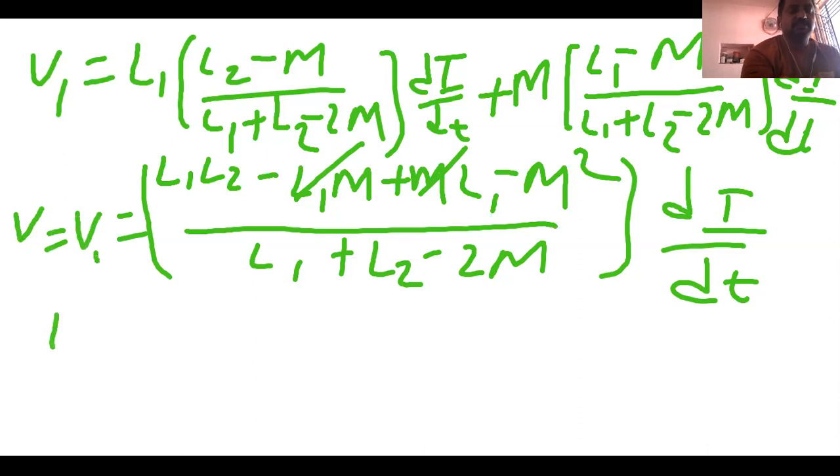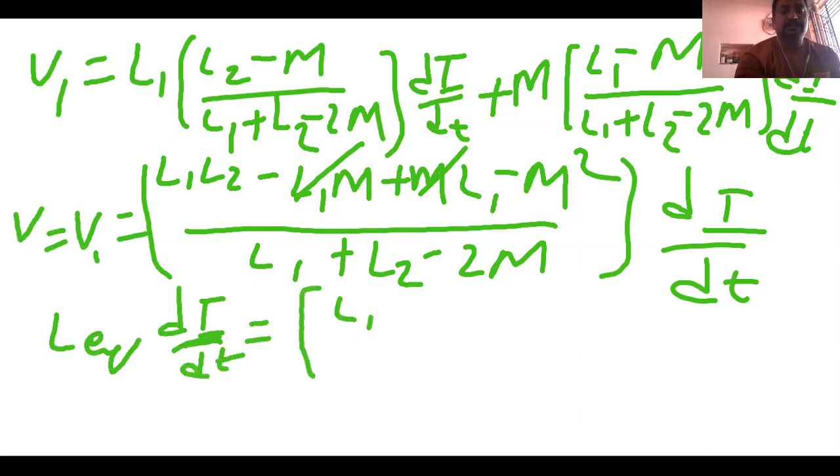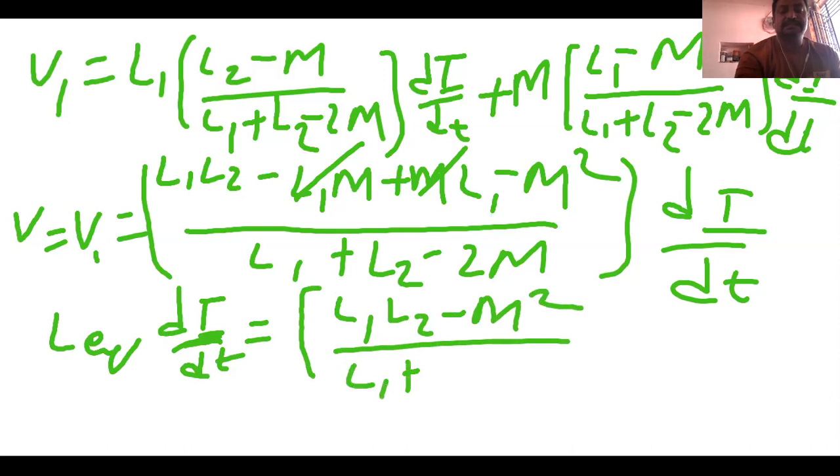Therefore V is equal to L equivalent into di by dt, which here is (L1 L2 minus M square) divided by (L1 plus L2 minus 2M) into di by dt.